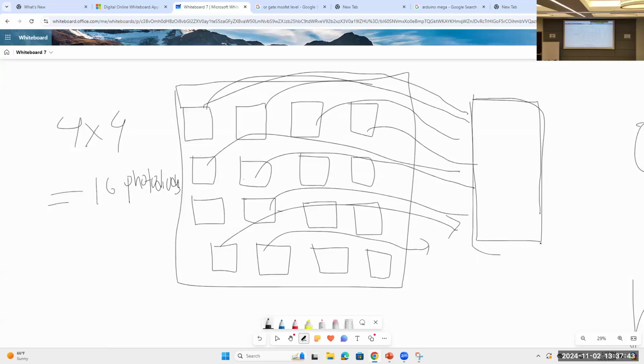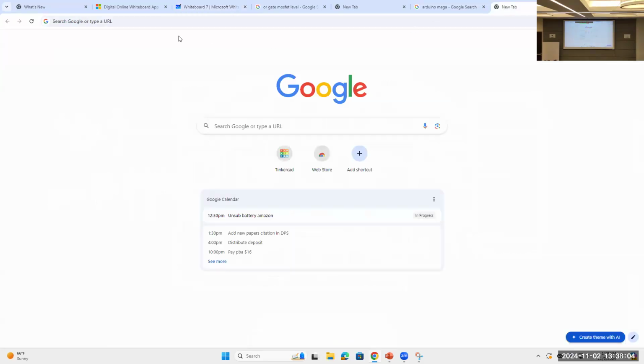How many input pins should this Arduino have? 16, right? That's why I told you we will be using the Arduino Mega, because the Arduino Uno, the smaller version, does not have 16 input pins. How many does the Mega have? I think it's 16. Let me double check that.